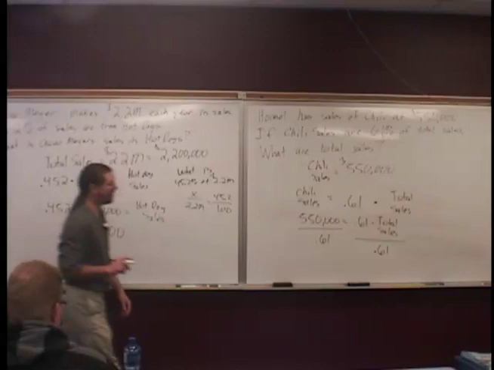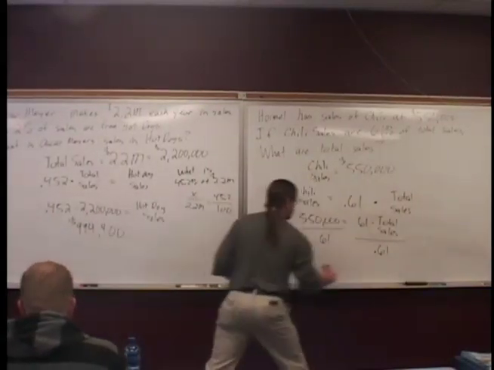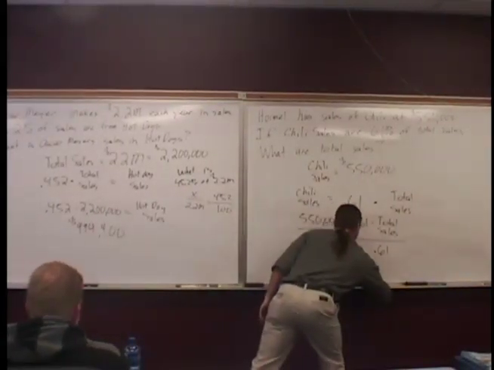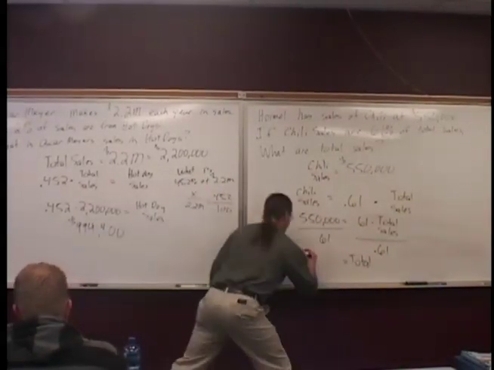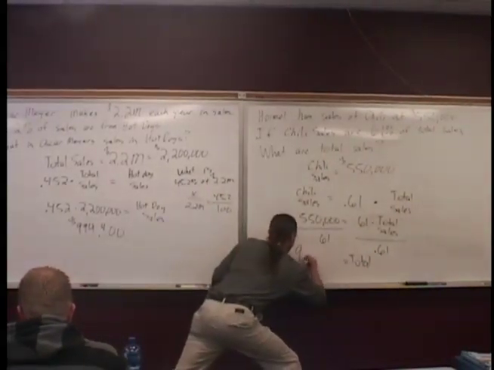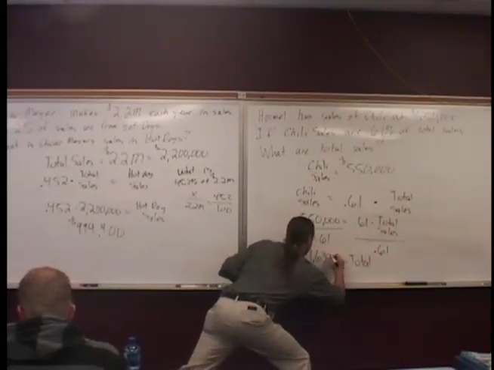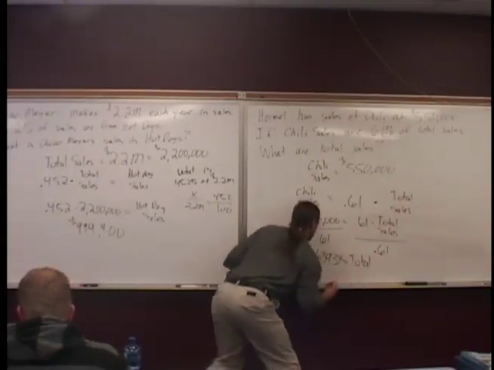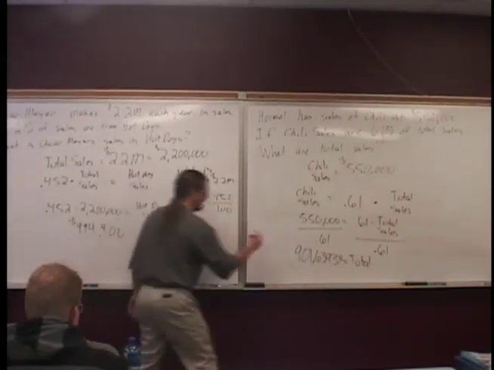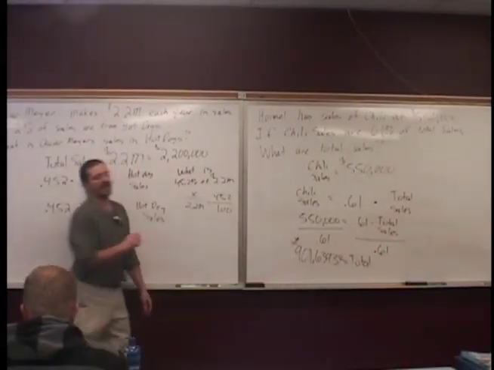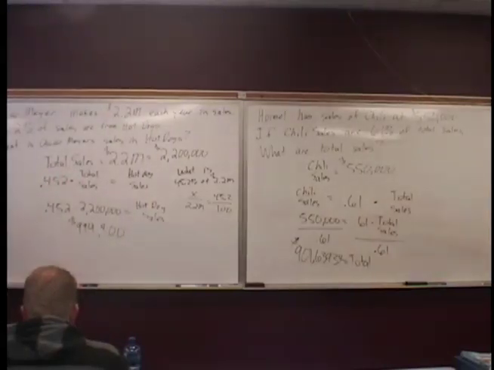When you divide 550,000 by 0.61, what do we get? What was that? So a little bit over $901,000 in total sales at Hormel.